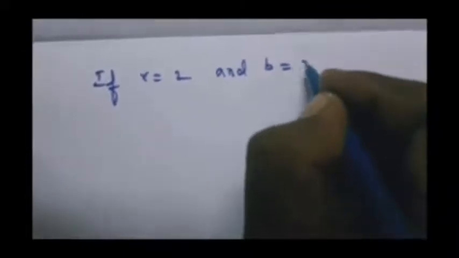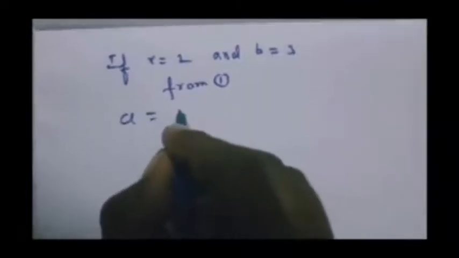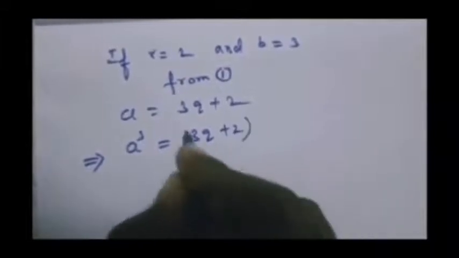Next remainder: if r equals 2 and b equals 3, from equation number 1, a equals bq plus r. Making cube on both sides, a cube equals 3q plus 2 whole cube.